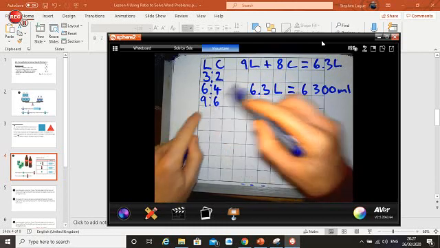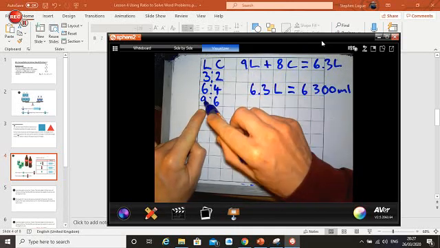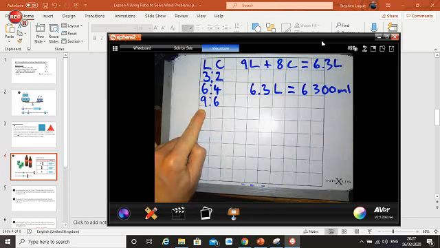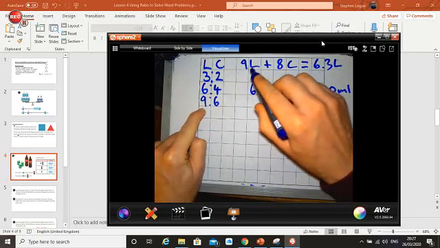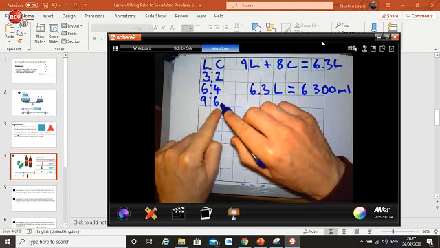So a lemonade is 300 millilitres. And the final part on the table wants to know a cola plus a lemonade. Well, that's 450 plus 300, so that should make 750 millilitres. All done. How did you do?